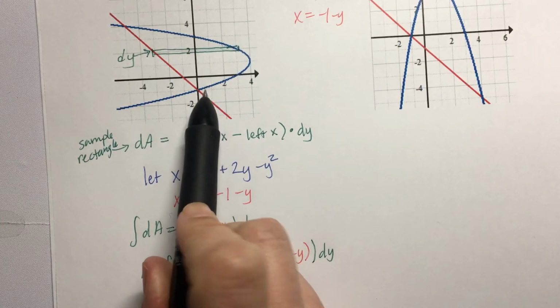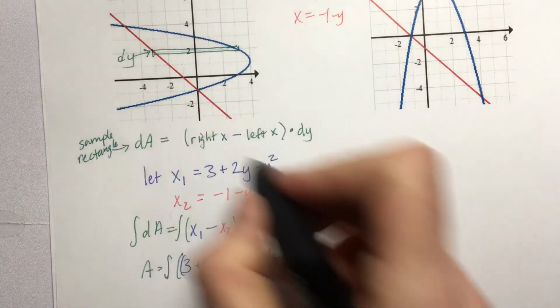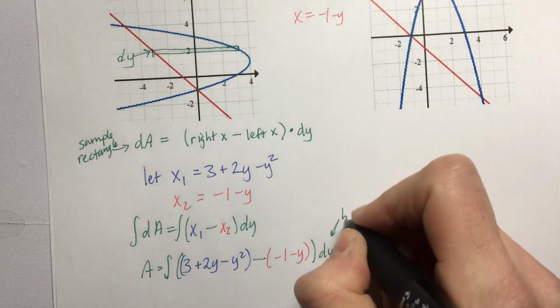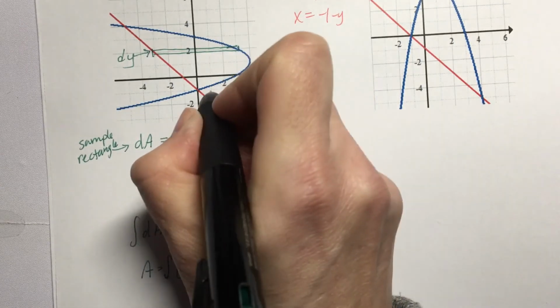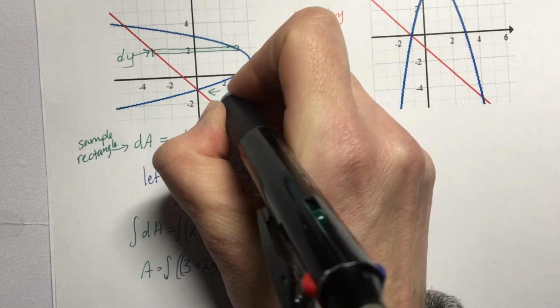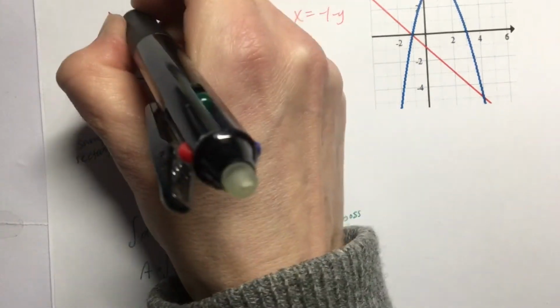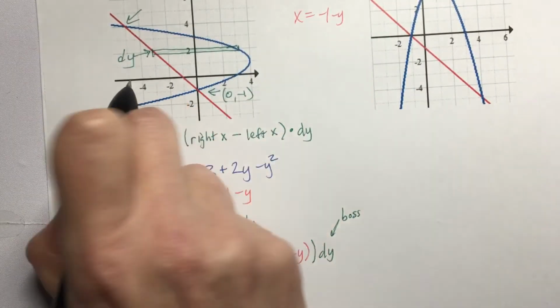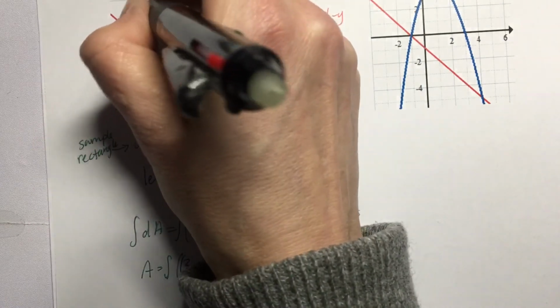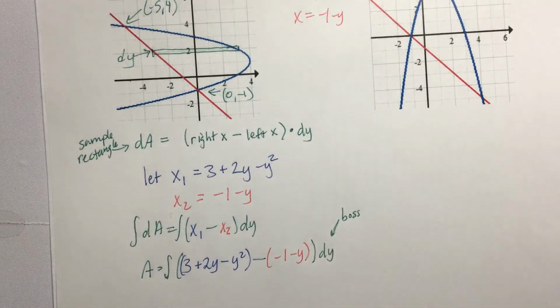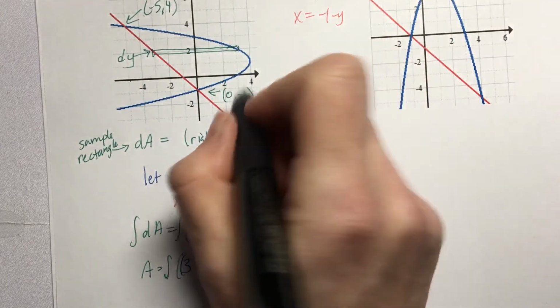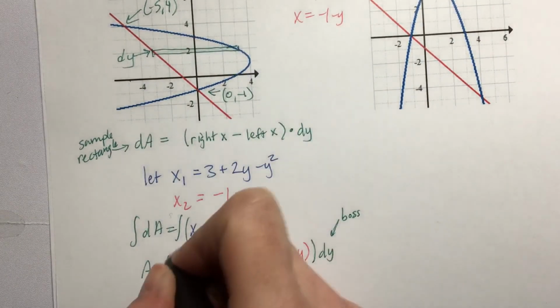So I can look at my graph in this case, and remember the dy is the boss, and so it says look at the y values. I have an intersection point here of (0, -1), and an intersection here of (-5, 4), but the numbers I want are the y values. So I want the -1 and the 4 for my bounds.